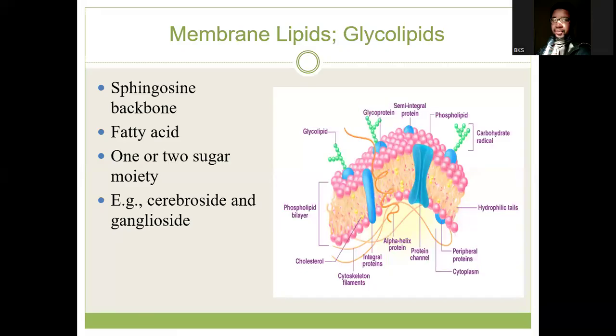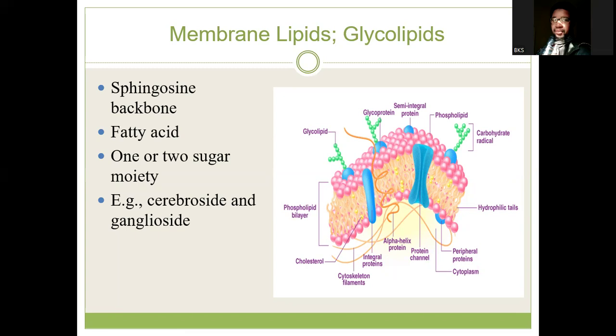So the next thing among the membrane lipids is the glycolipid. We talked about phospholipid. Just like a phospholipid, in the case of glycolipid, what we have is the sphingosine backbone rather than the glycerol backbone. So just assume the fatty acid is attached to the sphingosine instead of the glycerol.